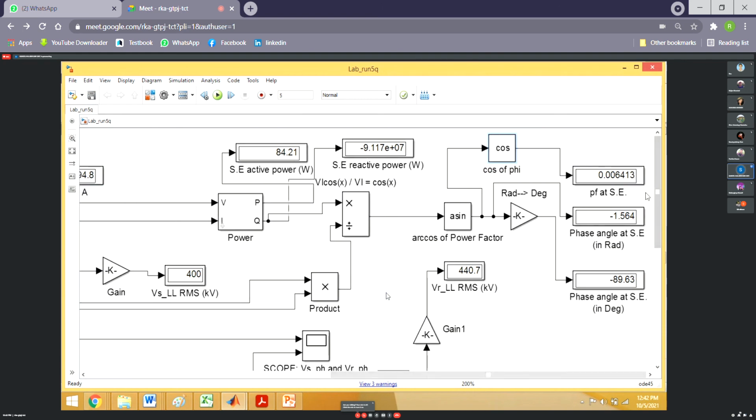Now you see the power factor angle. Power factor at sending end is 0.006413, so more or less 0. And power factor angle is near to 90 degree, minus 89.63, since there is some active part, right? So you can write your experimental observation: power factor is this much and power factor angle is this much.